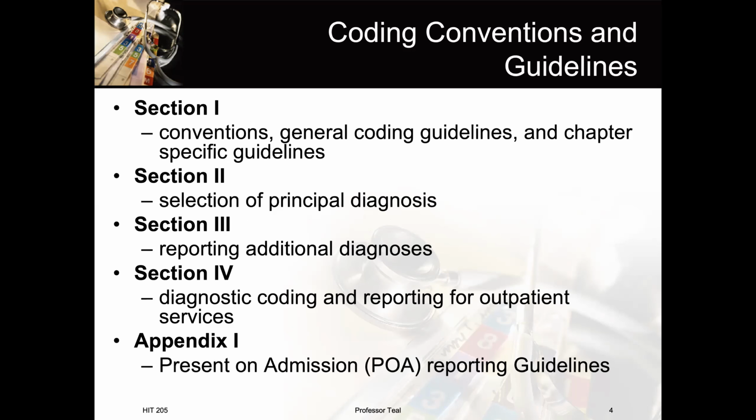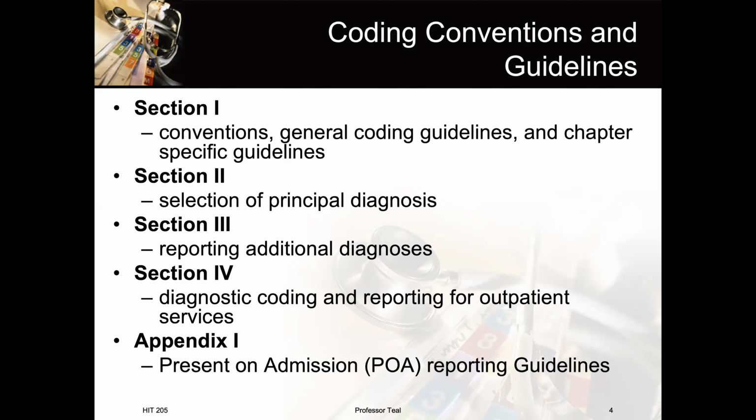So now let's turn our focus for this presentation to ICD-10-CM specifically. Before you can code, you need to understand the coding conventions and guidelines. They were developed by the Centers for Medicare and Medicaid Services, or CMS, and the National Center for Health Statistics, NCHS. And they have been approved by what we call the four cooperating parties.